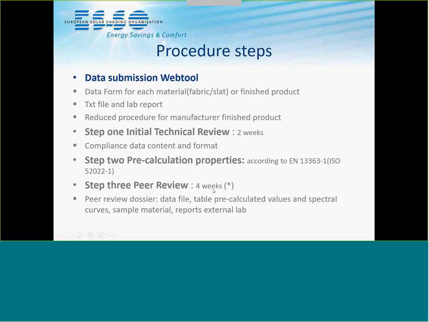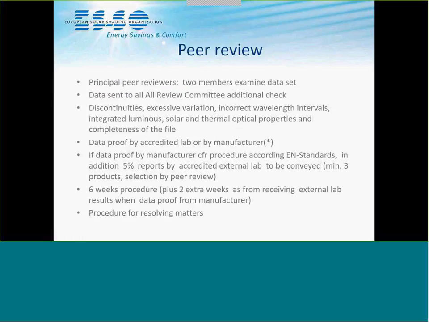And then we will have the pre-review with all the elements included as a data file, the table of the pre-calculated values, spectral curves, the sample of the materials, and also the reports. So the peer review will be done by a peer review committee. 2 of them will then be selected, but the data will also be open for all the peer review members to connect if there is a need to.